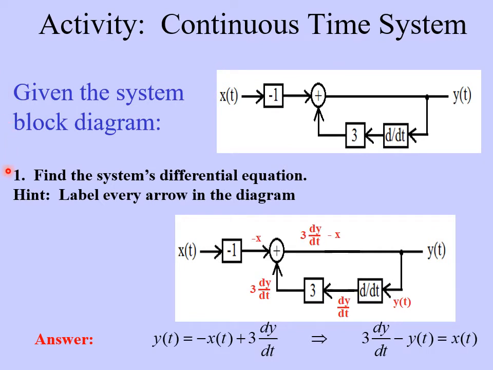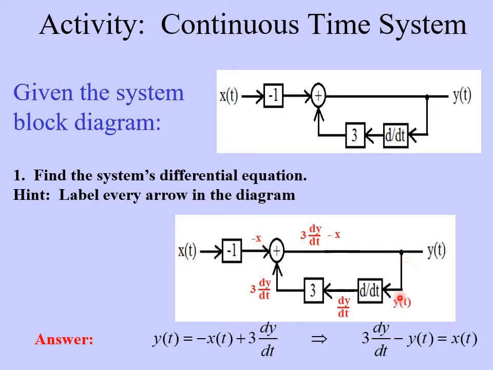Okay, so the first part of this activity is to find the system's differential equation, and notice I gave you the hint here, label every arrow in the diagram. So from this diagram, I have x coming in, there's a -1, so this is minus x here.